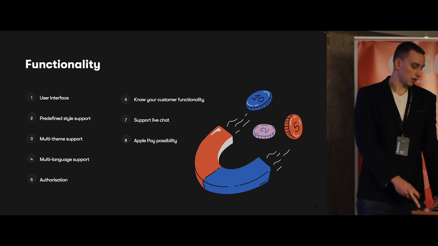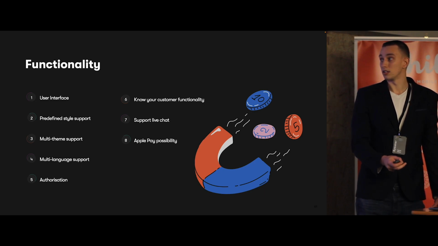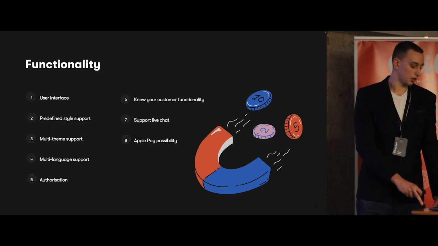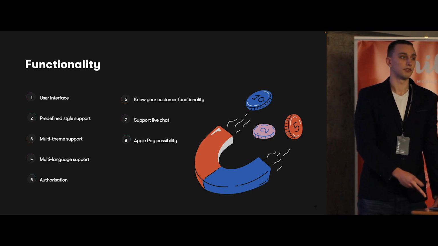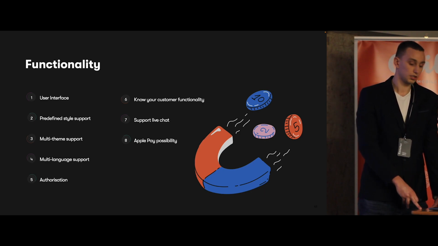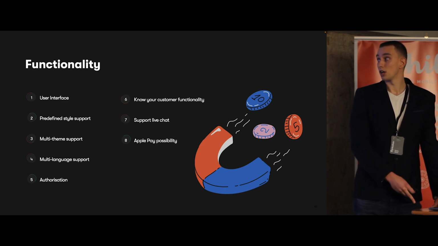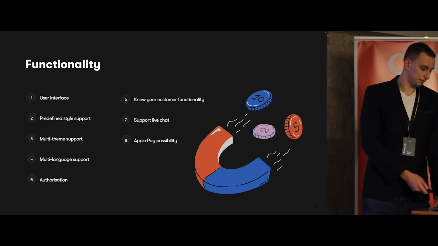Multi-language support: even if the app integrating it doesn't have the languages, we still support them. The SDK has authorization, even has know-your-customer functionality, live chat support, and Apple Pay possibilities.